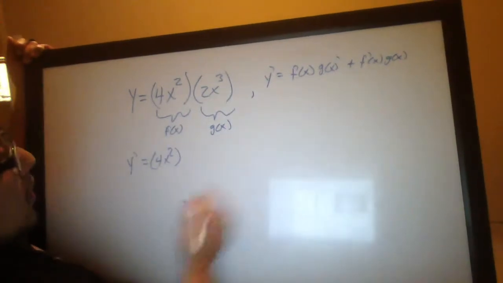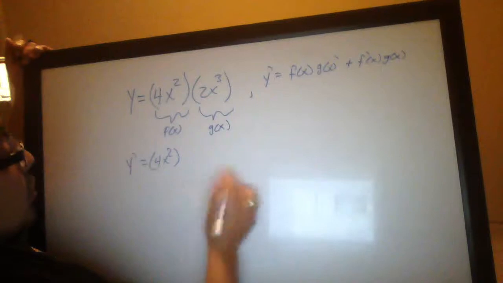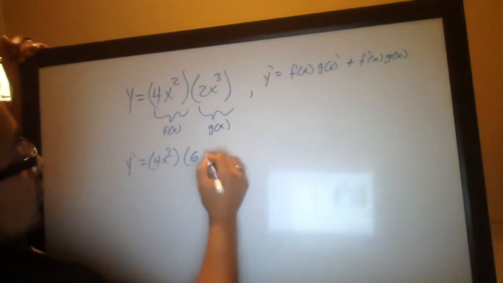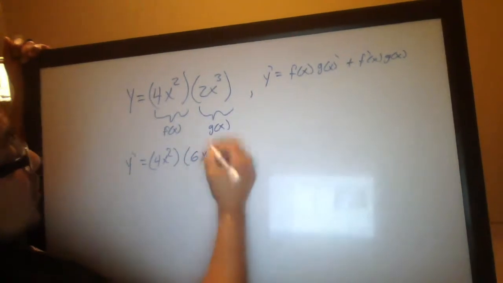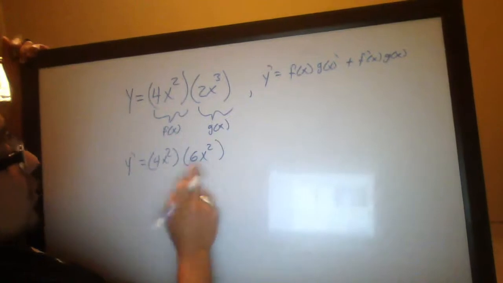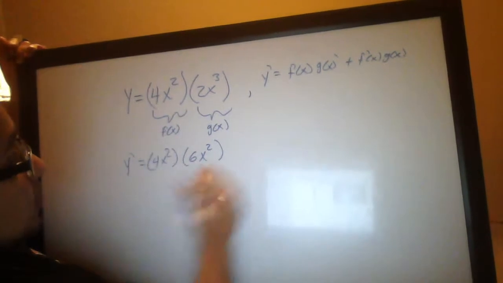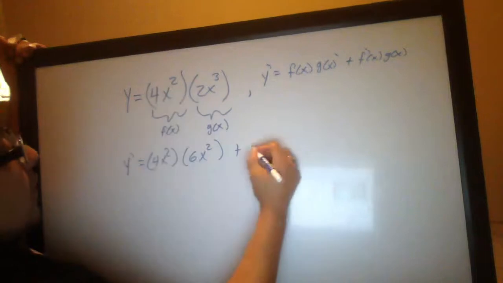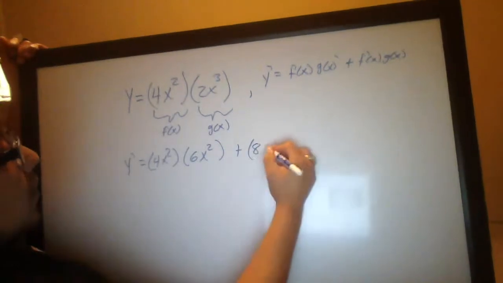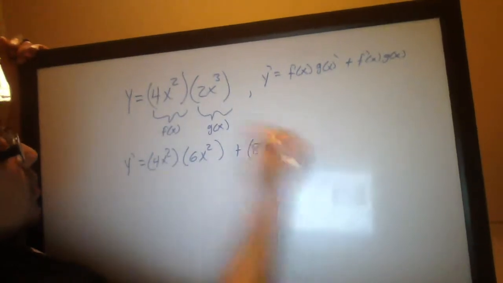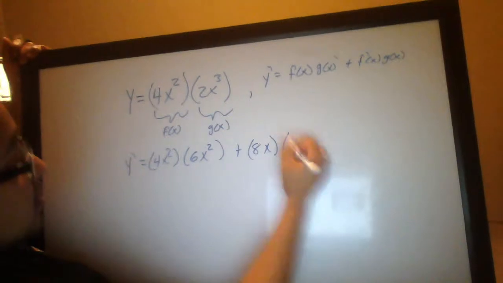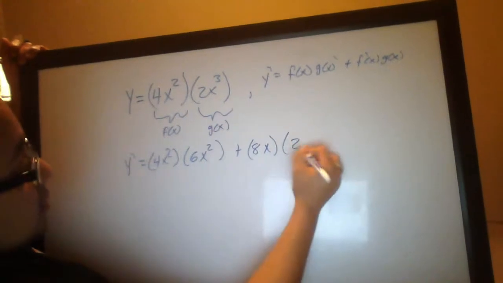And then g prime of x, we did it earlier, g prime of x is 3 times 2, 6. Write the variable. 3 minus 1 is 2. So this is g prime of x. Plus f prime of x. F prime of x is 4 times 2, 8. Write the variable. 2 minus 1, the exponent minus 1, is just x, times g of x, which is 2x cubed.